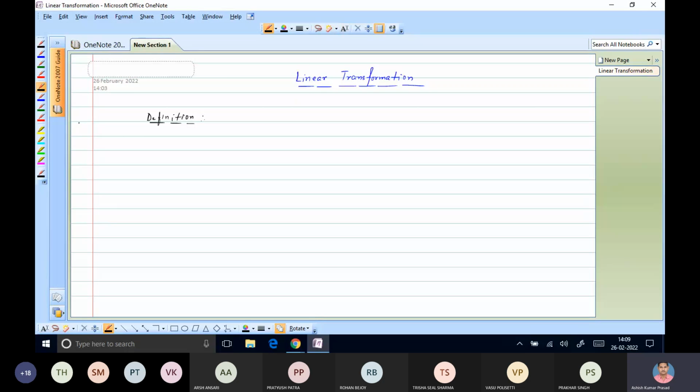So for linear transformation, we need two vector spaces defined on the same field.